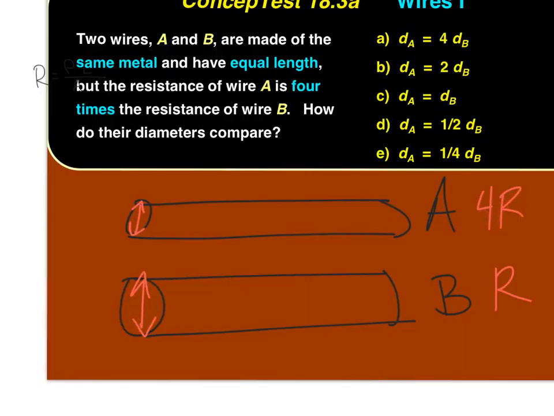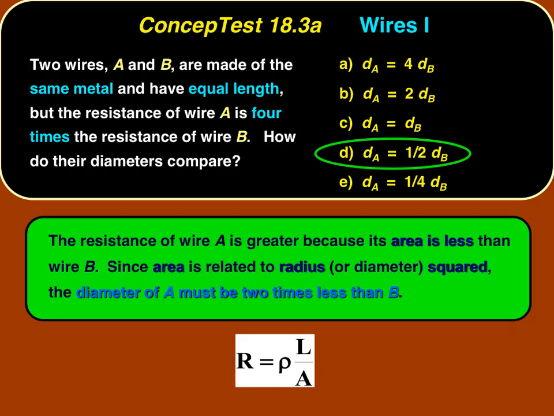We remember pi r squared equals area, so the area depends on the square of the radius, meaning the square of the diameter as well. So the larger diameter would be twice the other one in order to have 4 times the cross-sectional area.